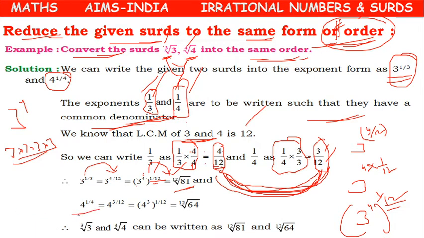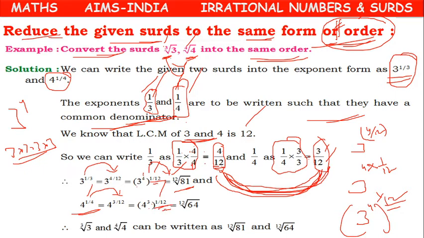So next we have 4 to the power of 1 by 4. 1 by 4 can be written as 3 by 12. Again, we write it as 3 into 1 by 12, means 4 cube whole power 1 by 12.